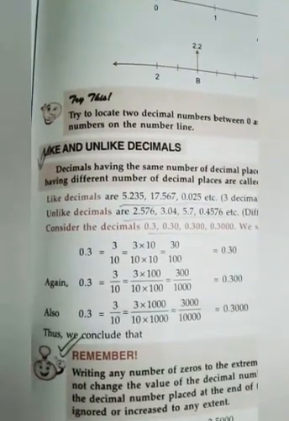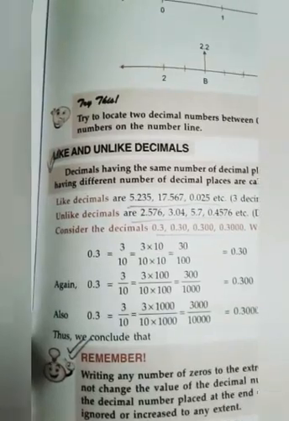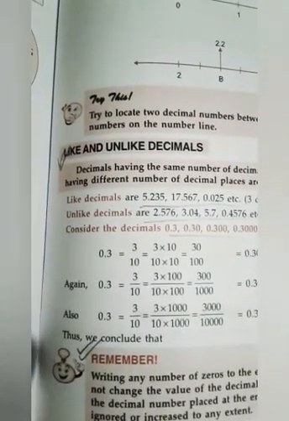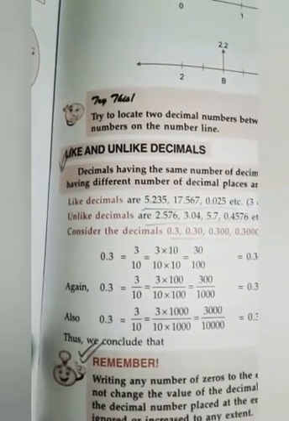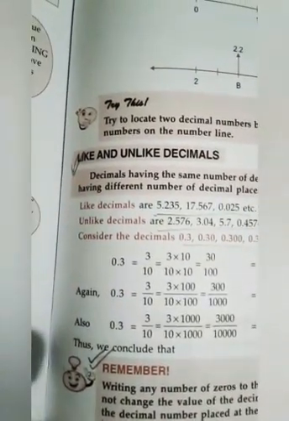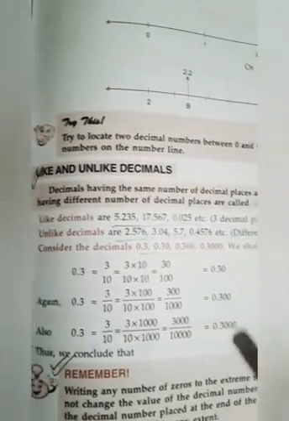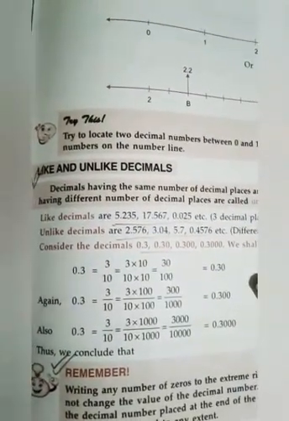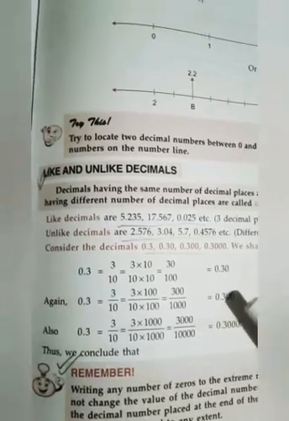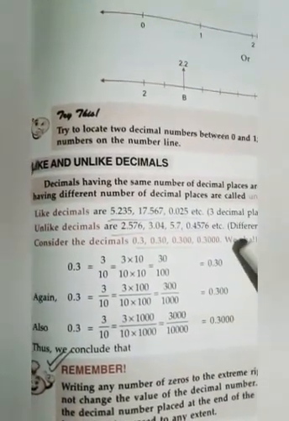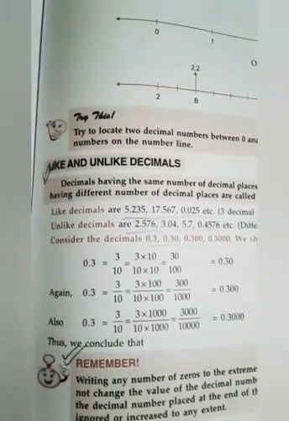In other words, the zeros placed at the end of the decimal part on the extreme right can be ignored or increased to any extent. So children, 0.3 equals 0.30 equals 0.300 equals 0.3000. All have equal value.